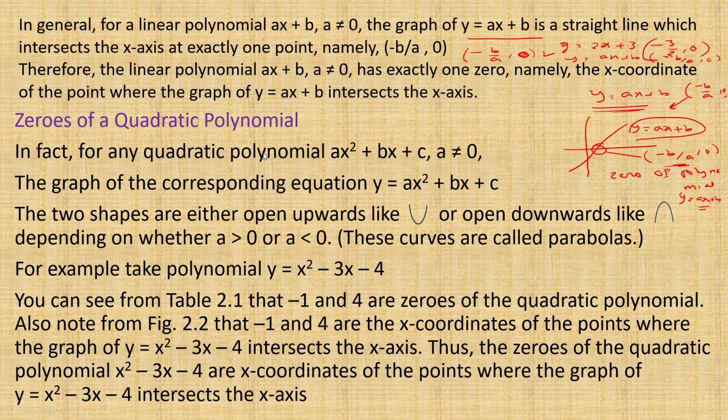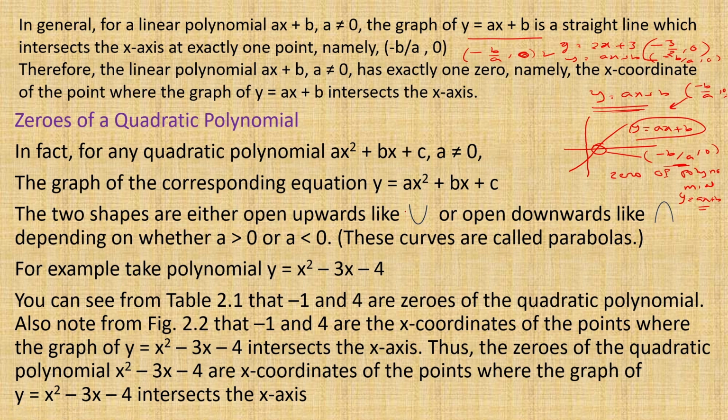Now we see the case of a quadratic polynomial. Any general expression for a quadratic polynomial is ax square plus bx plus c, where a is not equal to 0. The graph of the corresponding equation y equals ax square plus bx plus c is in the form of a parabola, that is either this shape or this shape.